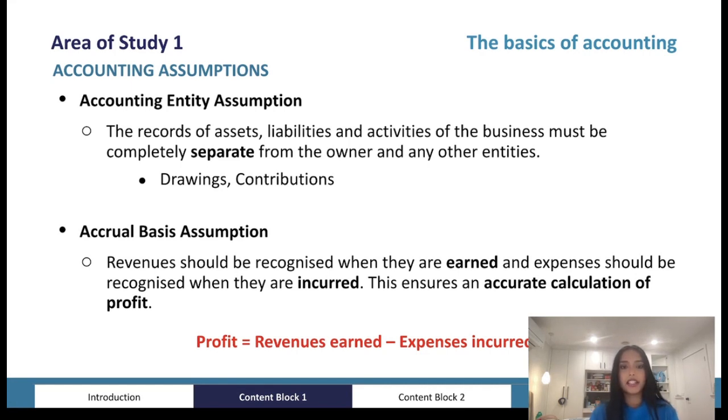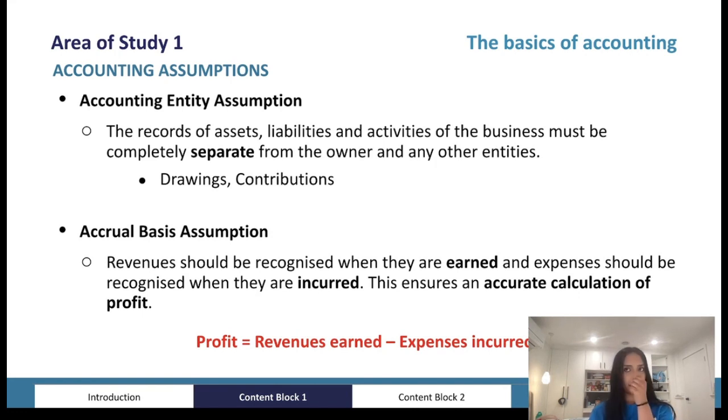And this comes down to why we record drawings and contributions. So the whole purpose of recording drawings that the owner takes out from the business and contributions, so for example, cash contributions that the owner makes to the business, the whole reason why we record those transactions is because the owner and the business are two separate entities, and so we have to treat transactions between them as if it was a transaction with any other entity.